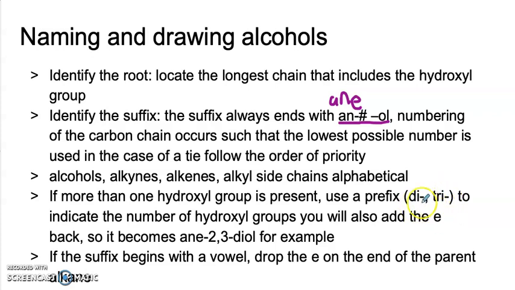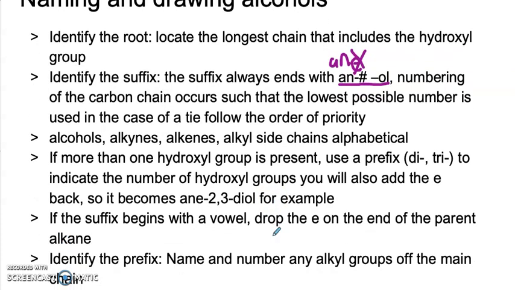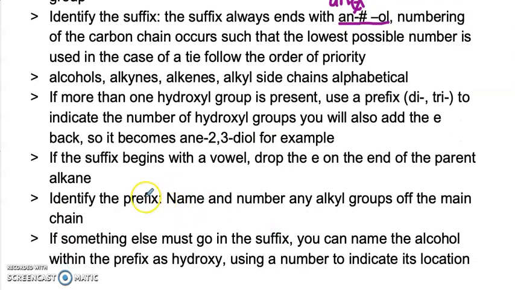In the case of a diol or a triol, the E gets to stay, and the reason is we don't wind up with that double vowel issue, because it wouldn't be aniol, it would be anediol or anetriol, okay? So it's a weird rule. If it's just one alcohol, you lose the E. If there's a diol or a triol, the E gets to stay and you include that in the name. For the prefix, just name and number any side chains that you have on the main chain.